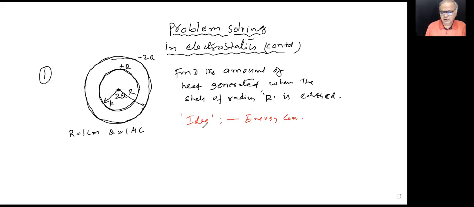So the heat generated is equal to the difference in the potential energy. Do you agree? If you put it in mathematical terms, you will know it better, whether you should write U1 minus U2 or U2 minus U1. That you can do.